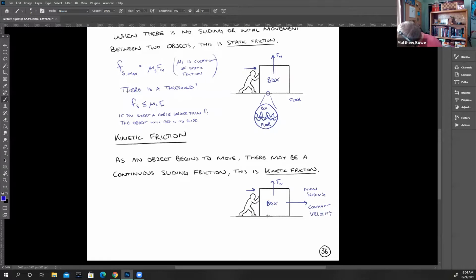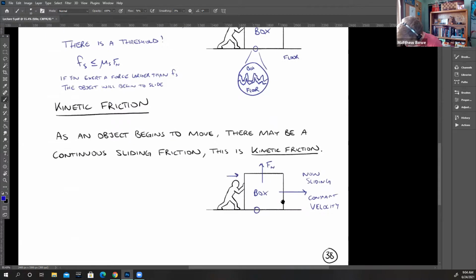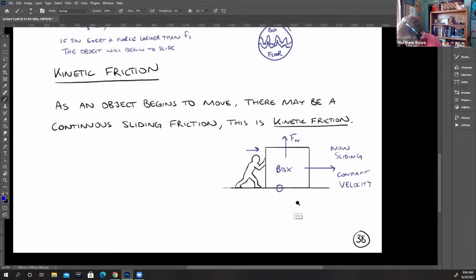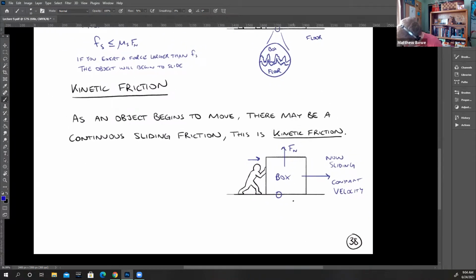Well, let's zoom in on it. Make a little slice like this. Sort of zoom in with a microscope. So in order for this object to start sliding, the object still has its very irregular, jagged structure.